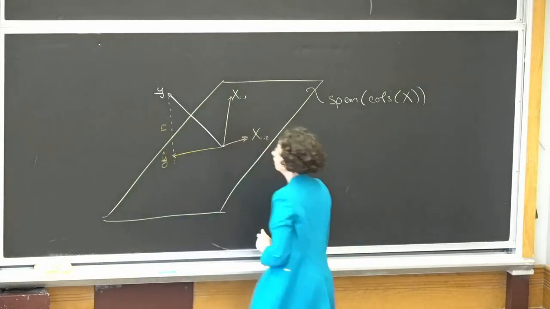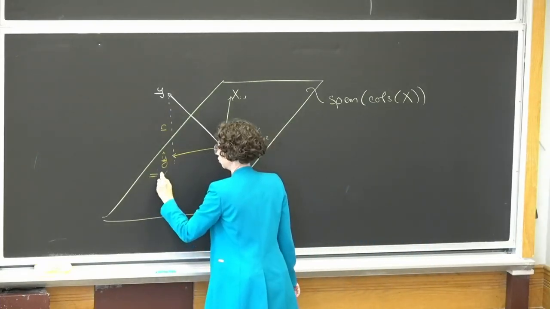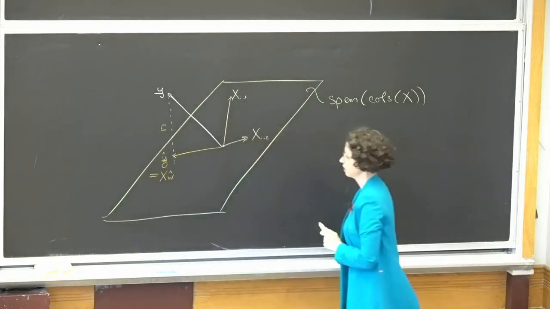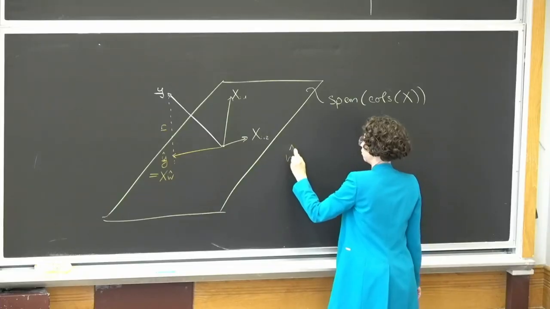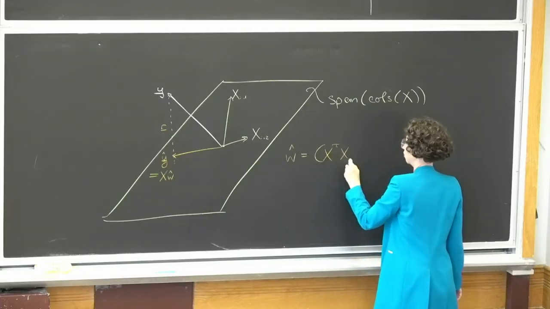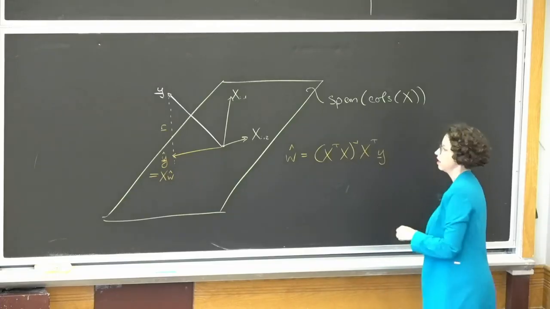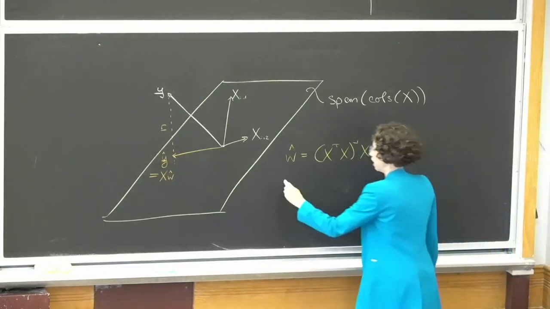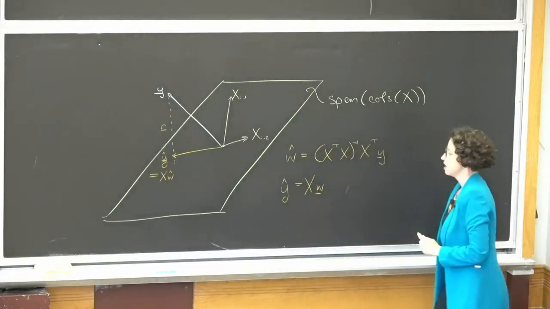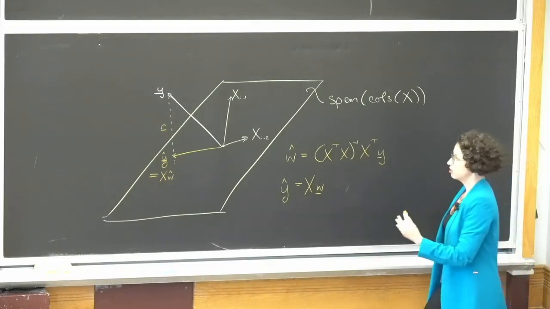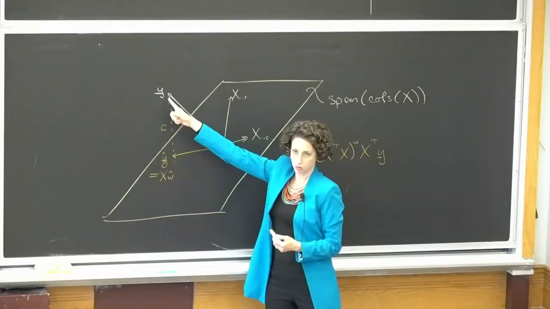This y hat corresponds to our X w hat. So this is the formula that we derived, where w hat is equal to X transpose X inverse X transpose y, gives us the set of weights so that when we compute y hat equals X w hat, that y hat is the vector in the span of the columns of X that's as close as possible to our label vector y.